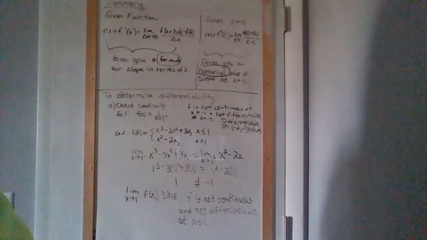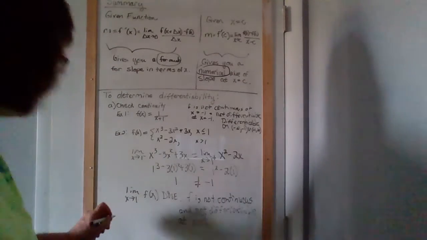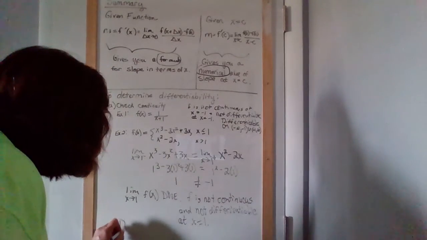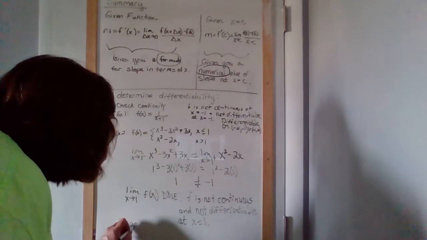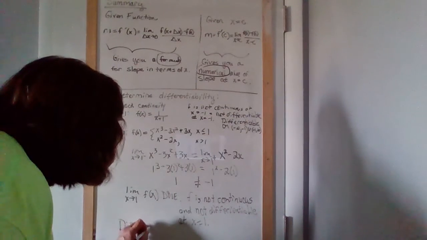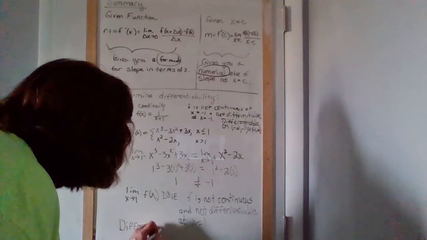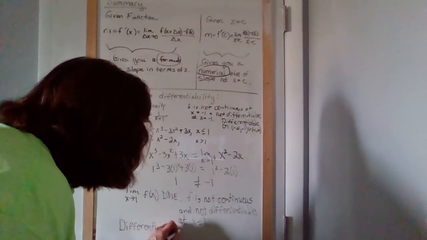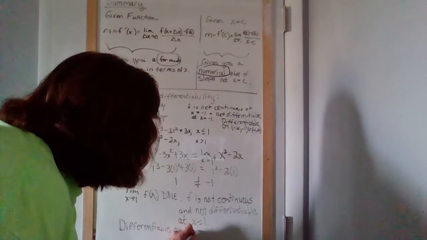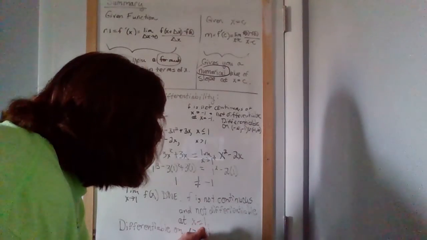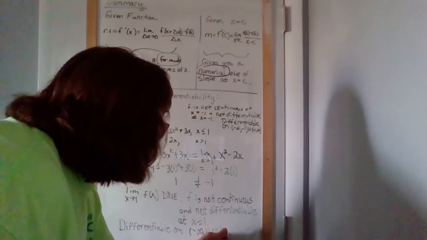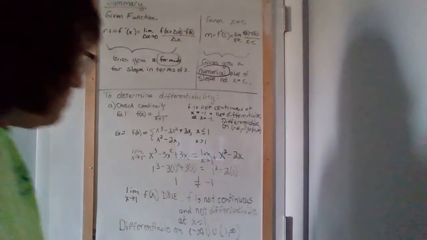And so once again, you could describe where it is differentiable, since that's what I asked you. So it would be differentiable on, and then give your intervals: -infinity to 1, union with 1 to infinity.